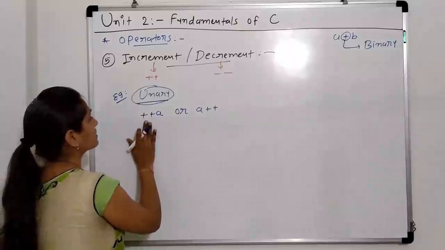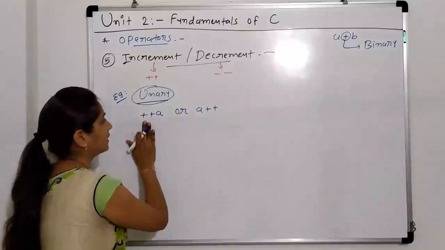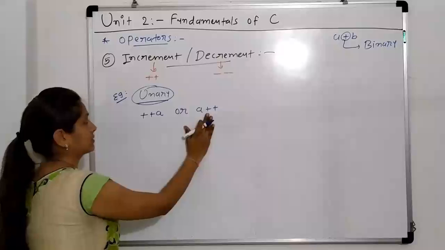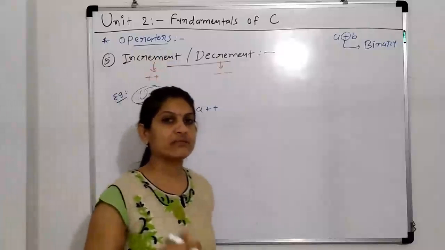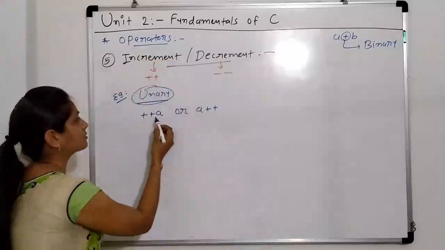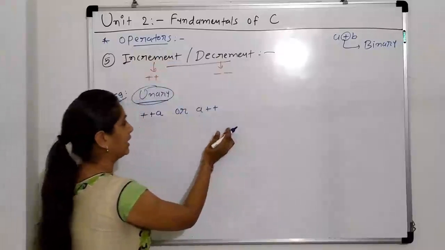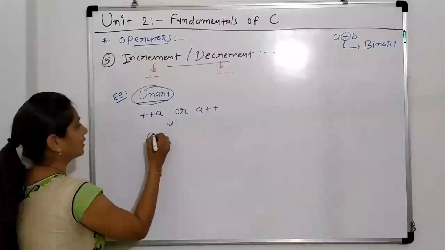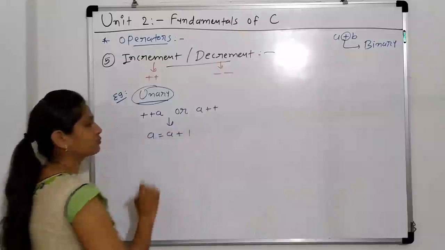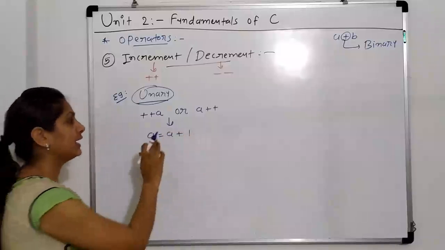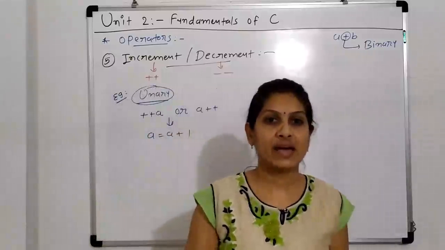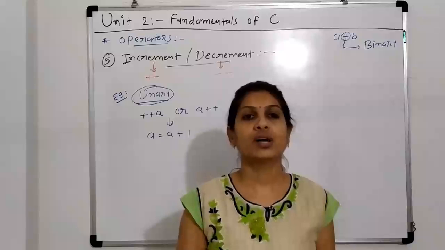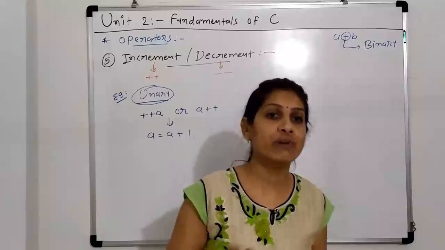Now, what is the difference between plus plus a and a plus plus? First of all, what is the meaning of increment? Whenever you are writing a plus plus or plus plus a, the meaning is a equals a plus 1. Means the increment operator adds one value into the original value of the variable.